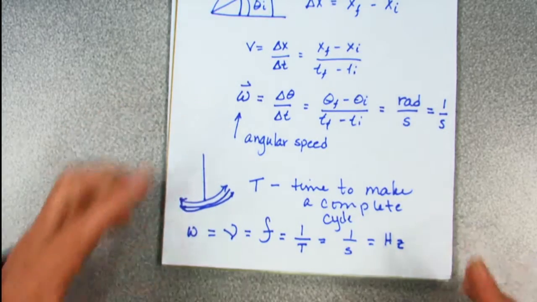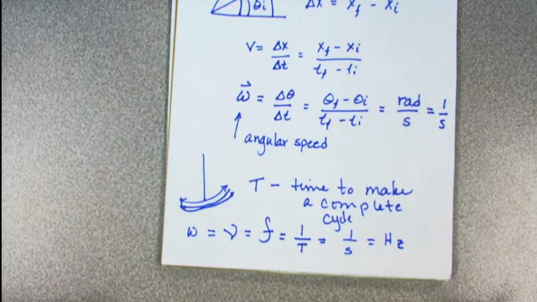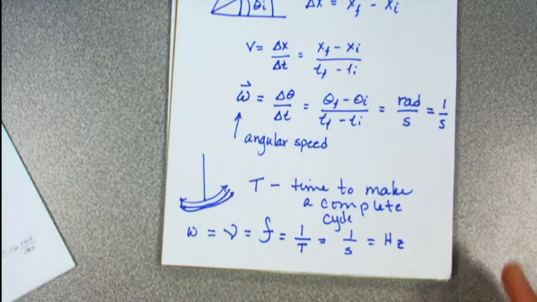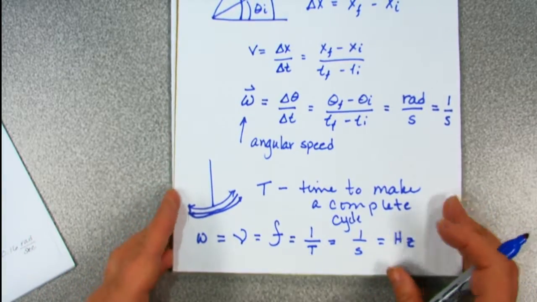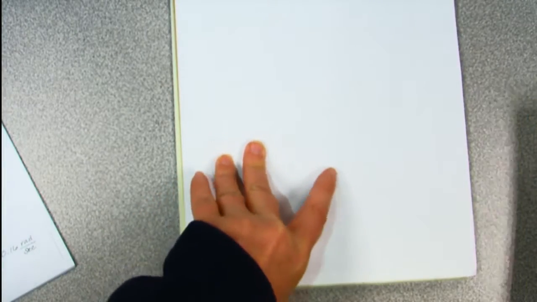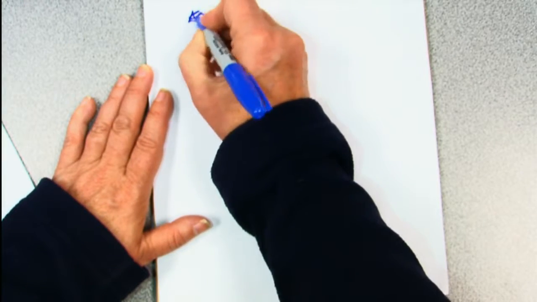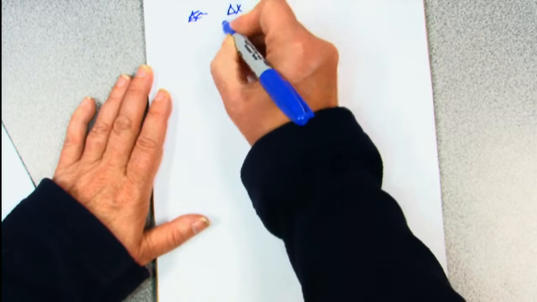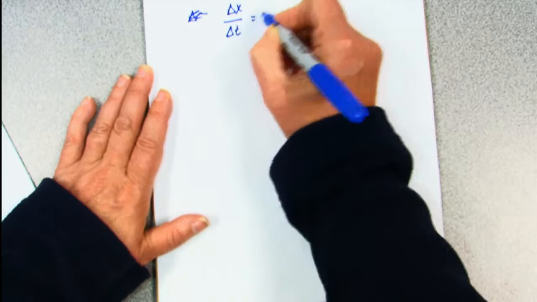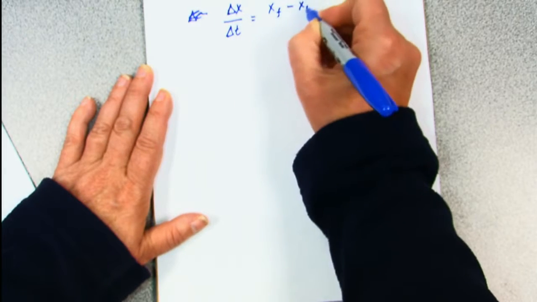So understanding our rotational motion is kind of important. Now, remember what we did back when, right? I started out with a change in position with respect to time, and that was this.